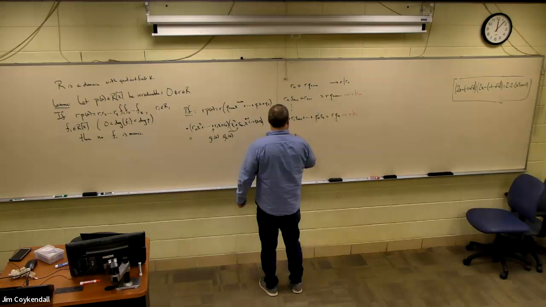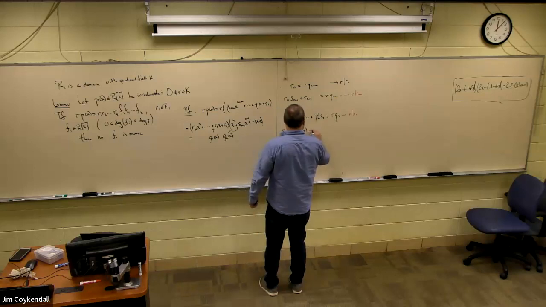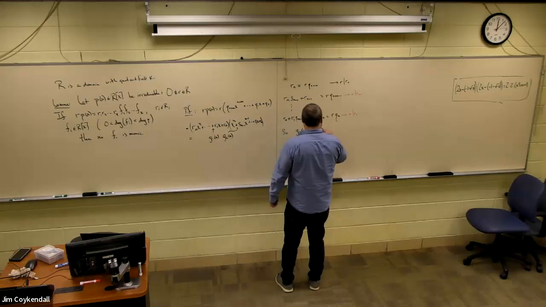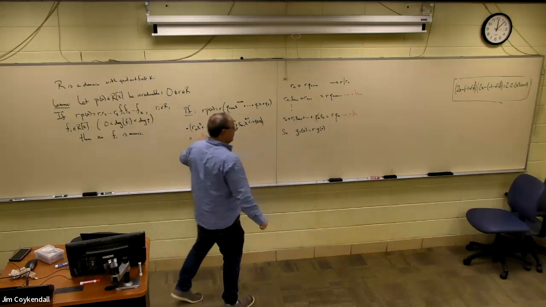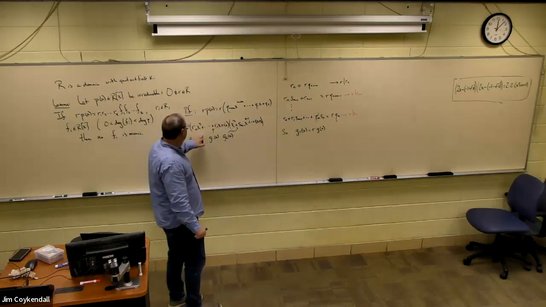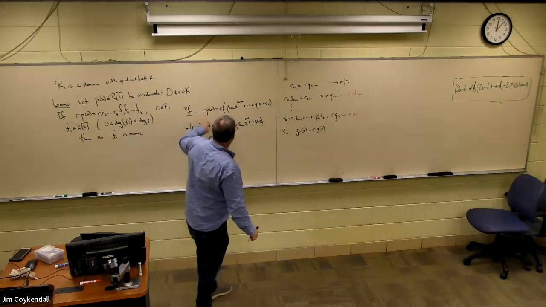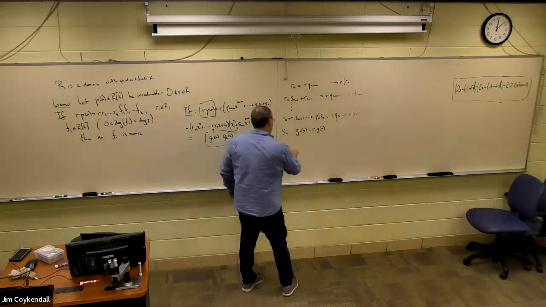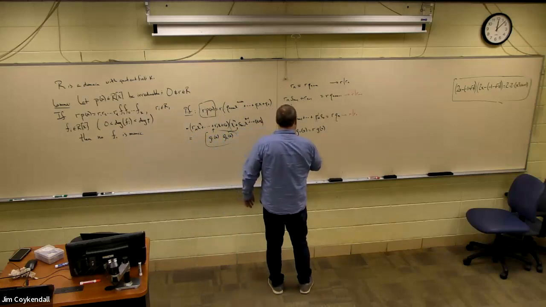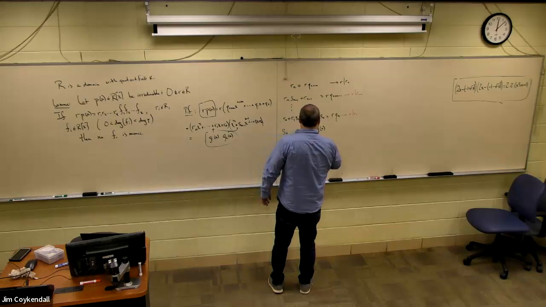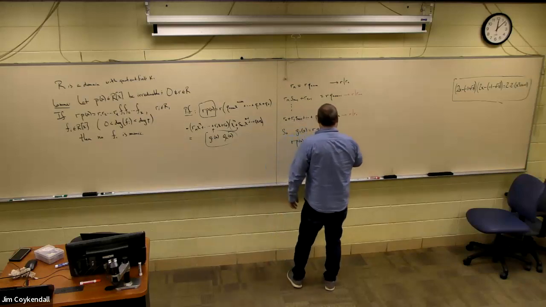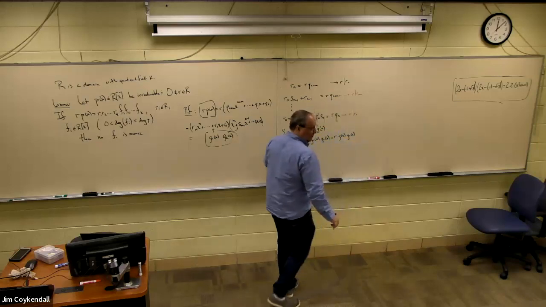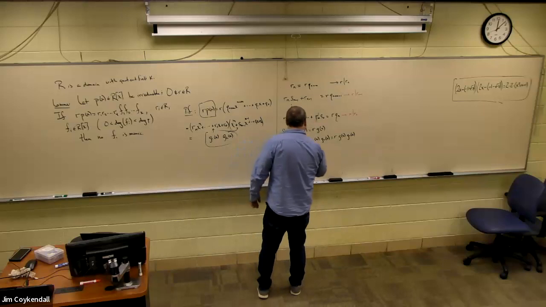So g1 of x, we'll just call g of x, because R divides every coefficient of this. So what we have, let's look back at this. We have R P(x) is g1(x) g2(x), which is R G(x) g2(x). Since we're in a domain, we cancel R's on both sides.